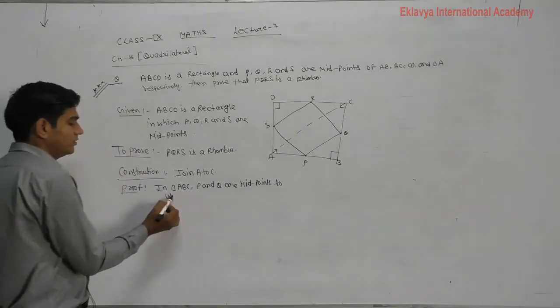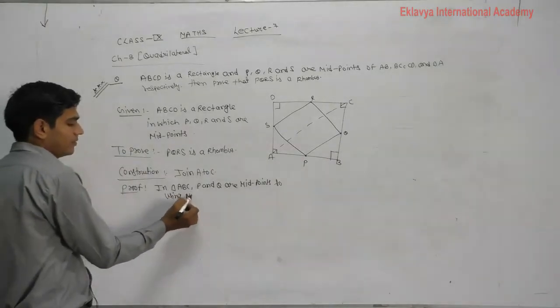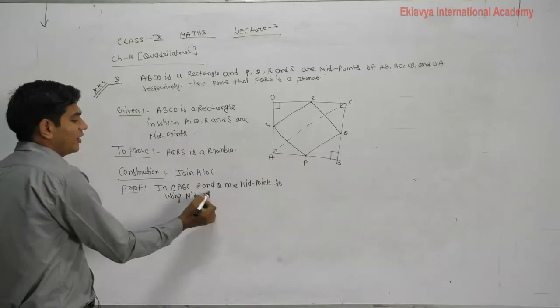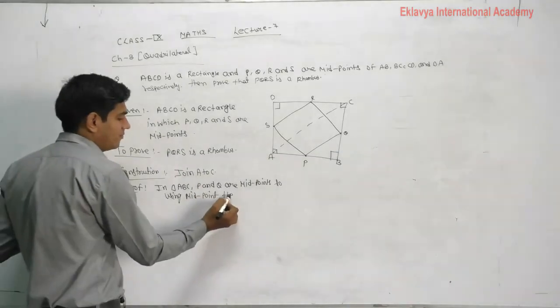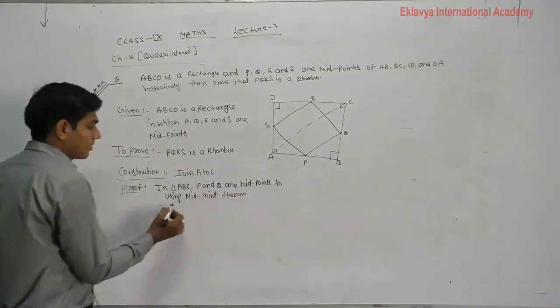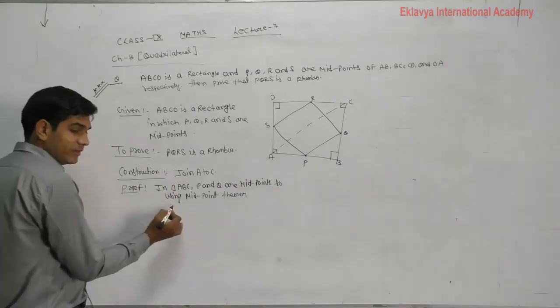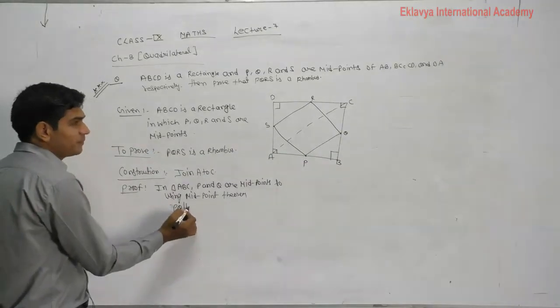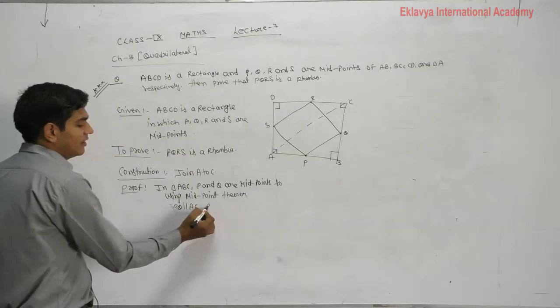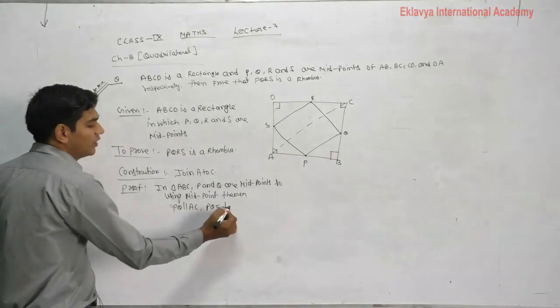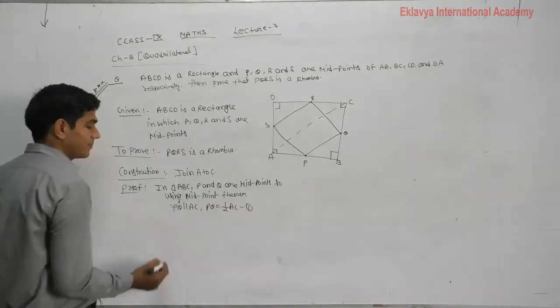So using the midpoint theorem, PQ is parallel to AC and PQ is equal to half of AC, equation first.